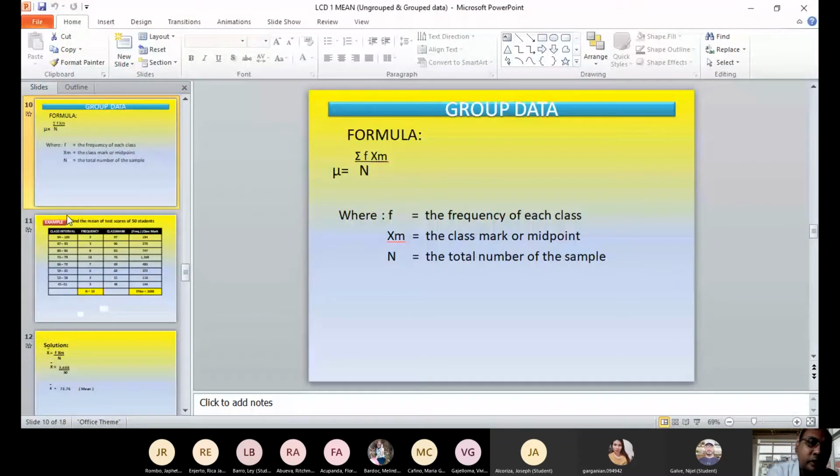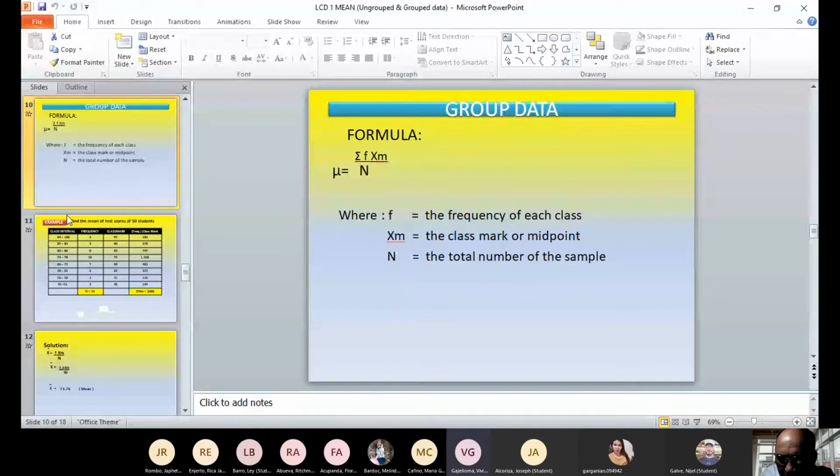Kaya there are two formulas. For the ungrouped data, simple lang. x bar equals summation of x divided by n. While in our group data, mu is equal to the summation of f, di ba ang f stands for the frequency? That is correct?